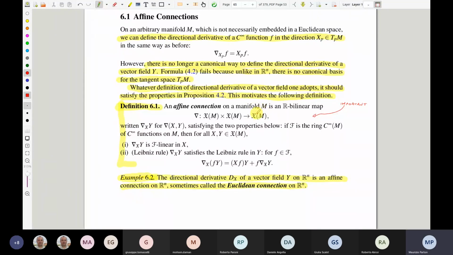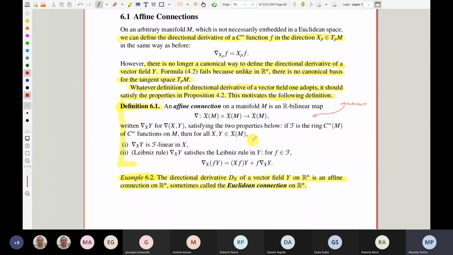And remember, in this case, I cannot take the derivative of normal vector fields. Why? Because I have only the manifold. I no longer have the manifold embedded in Rn. Is that clear? So I have an abstract manifold. I'm assuming I have such a map. In order for such a map to have any hope of being a derivative, something should happen. First of all, I would say this must be tensorial in the first variable.